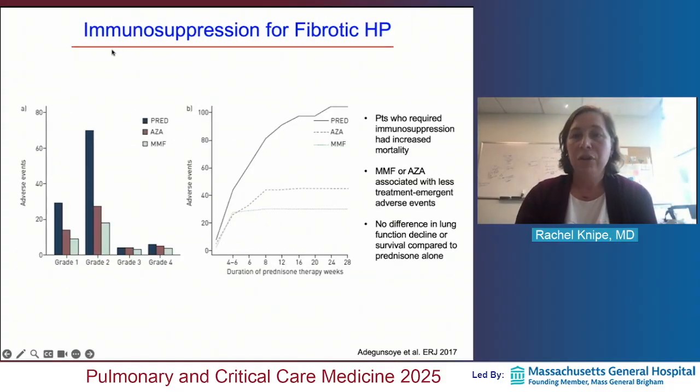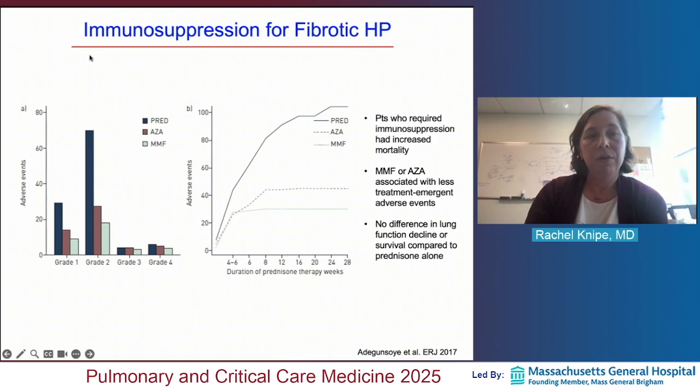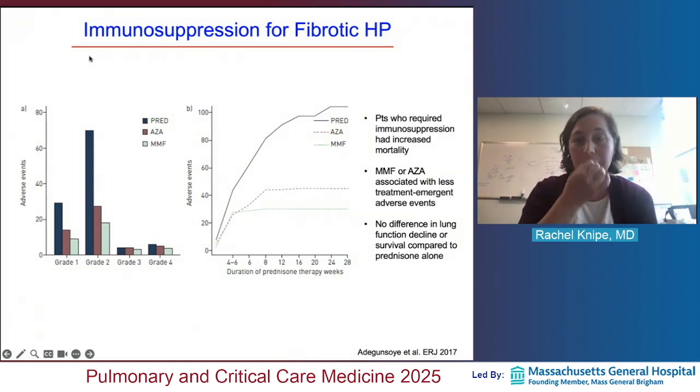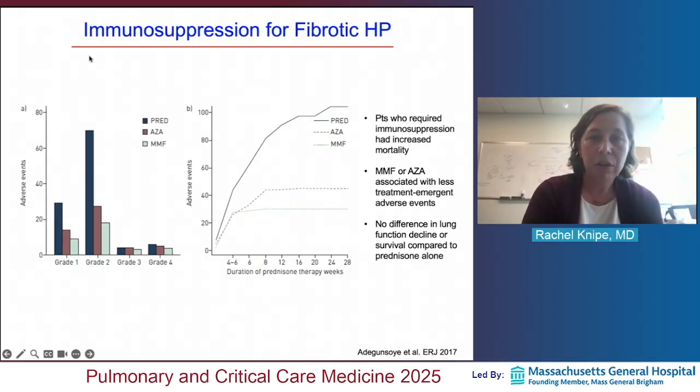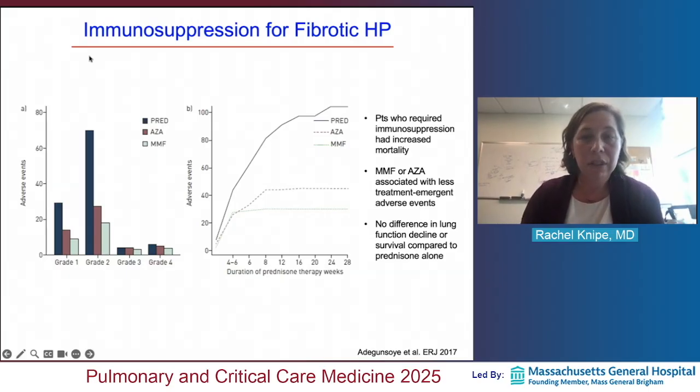This is another retrospective study of using steroid-sparing agents, MMF and azathioprine, which showed that the earlier introduction of steroid-sparing agents was associated with both a reduction in prednisone dose and also a reduction in treatment-emergent adverse events, which were largely GI related, but overall didn't show a difference in lung function decline or survival compared to prednisone alone, but just were sort of better tolerated and reduced side effects.